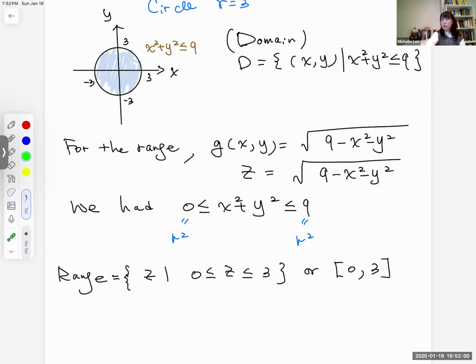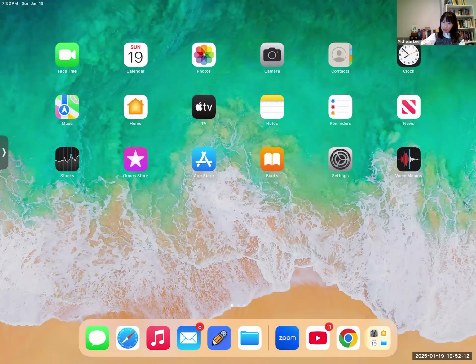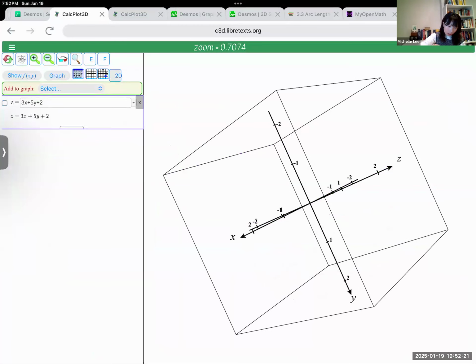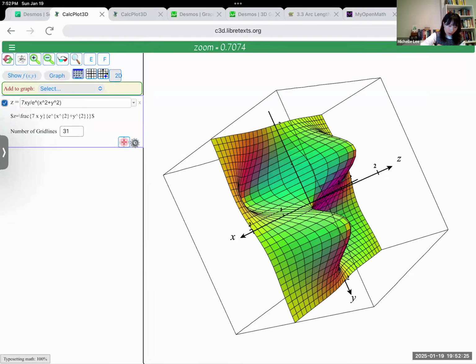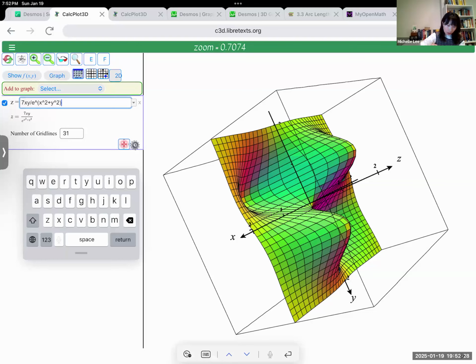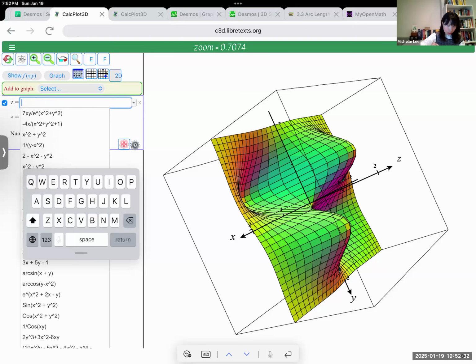All right? Okay, let me show you the picture in the Calc 3D plot.